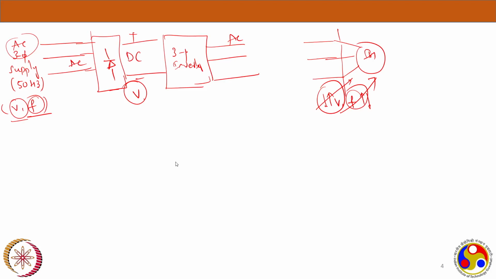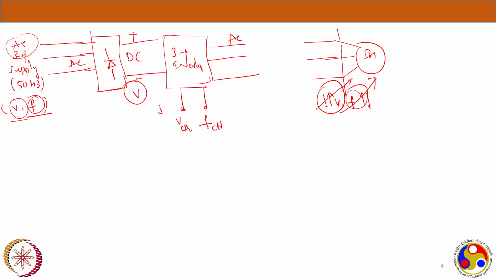Now you need to give pulses to that particular switch inside the inverter, in such a way that it will always give you a variable voltage and variable frequency. So I'm just marking two control inputs at the bottom of the inverter, by which we can get these two controls. One is frequency control, and also this is voltage control.